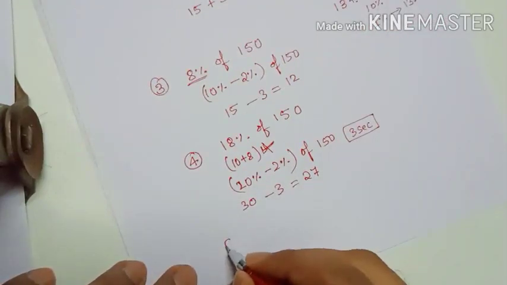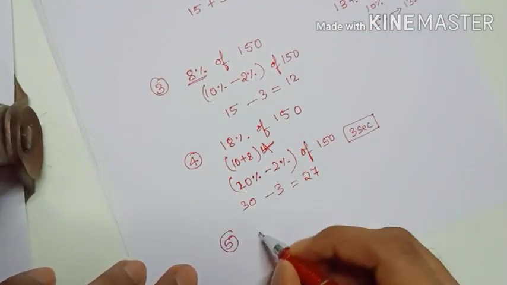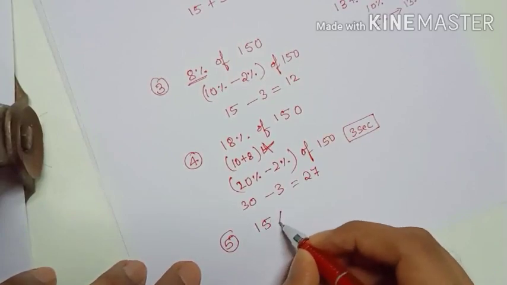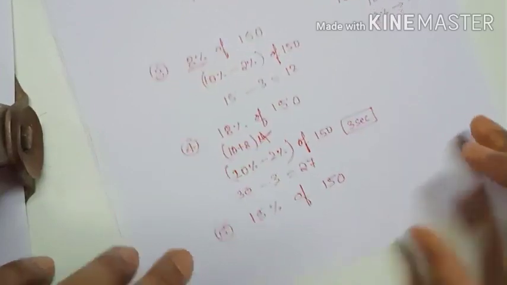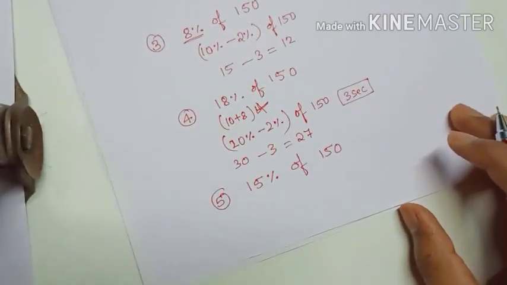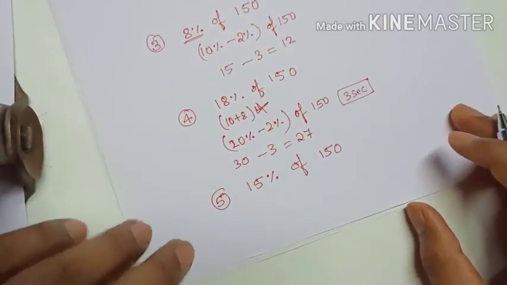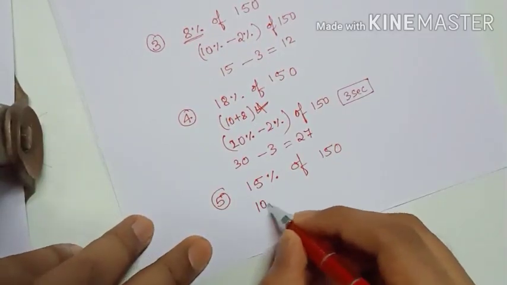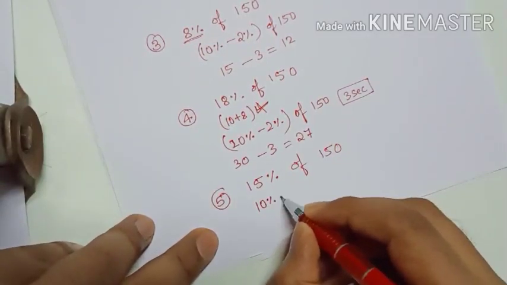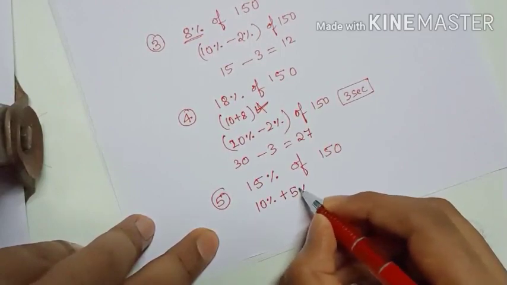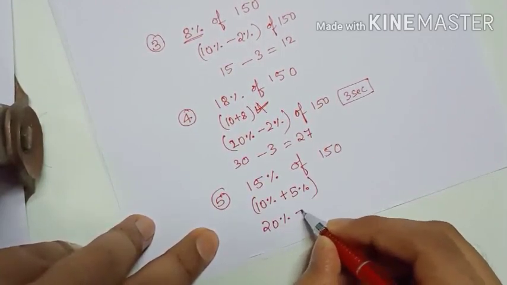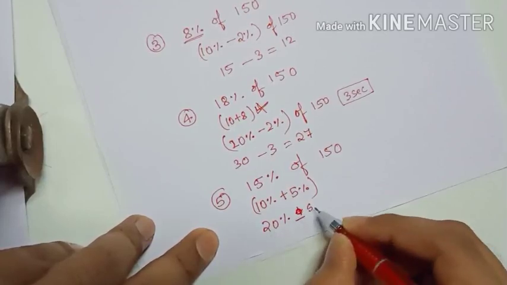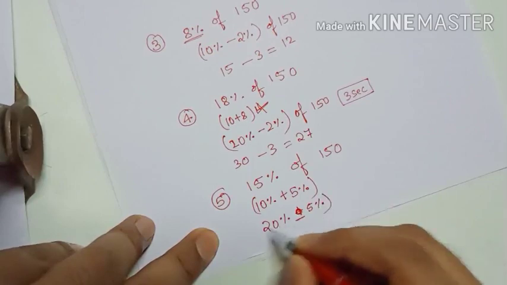This time I am taking 15% of the same number, 150. This time you have to find 10 plus 5, or you can also go with 20 minus 5. 10% plus 5% you can do, or you can go with 20% minus 5%. This is the second way.